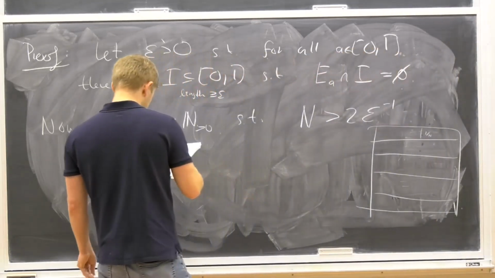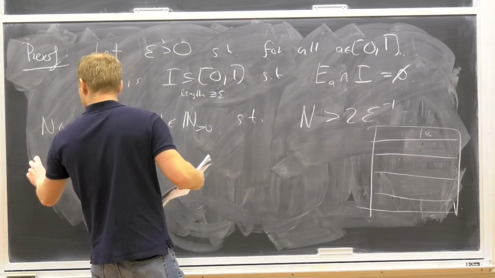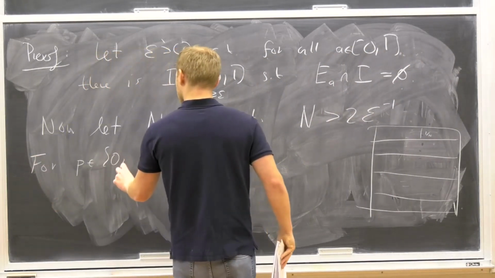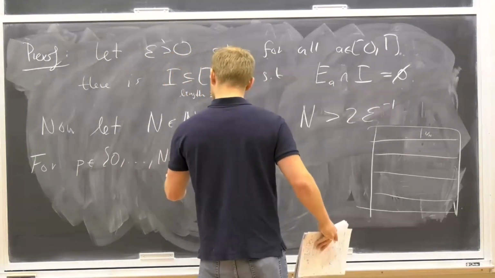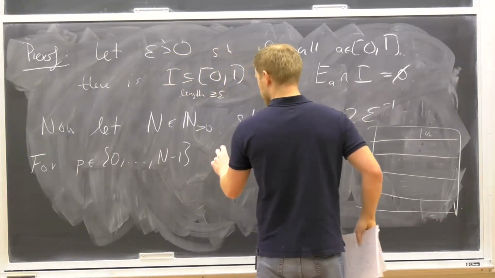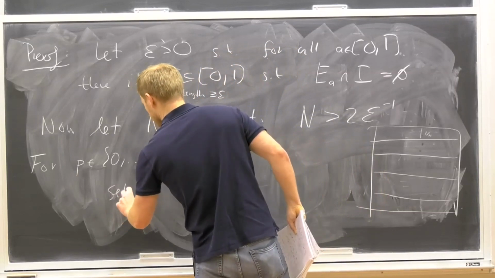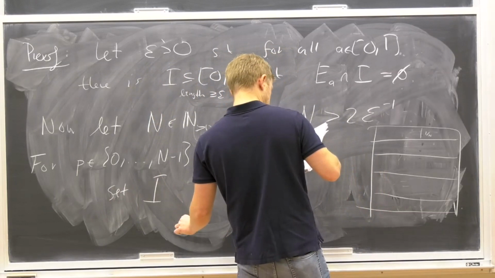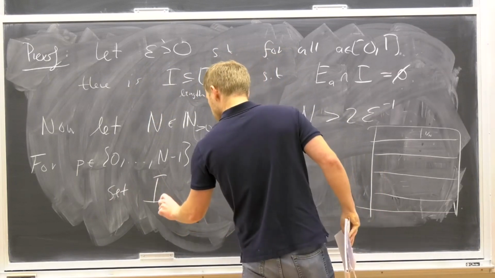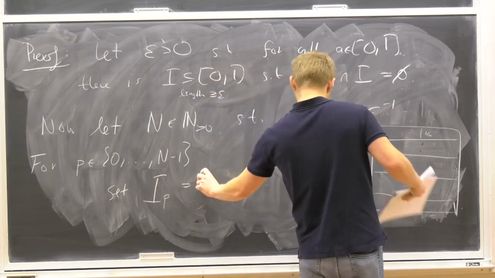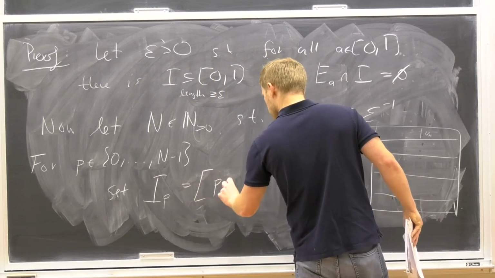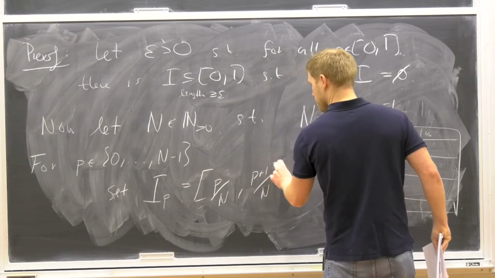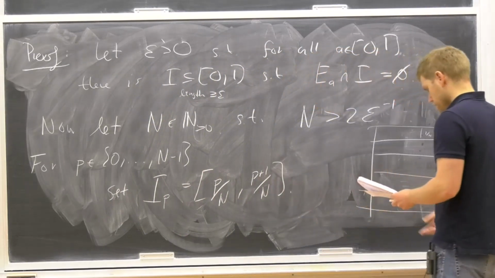So now for p in 0, 1 to n minus 1, we set I_p to be the closed interval from p divided by n to p plus 1 divided by n. I think that's fine. Okay.